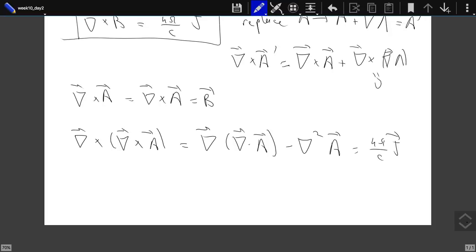But remember, I have the freedom of changing the definition of A. I am free to choose A such that the divergence of A is 0.